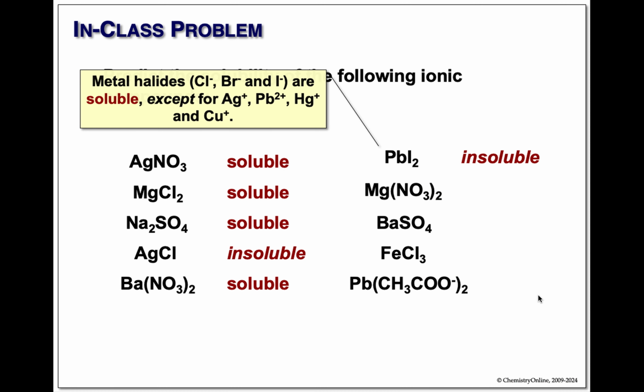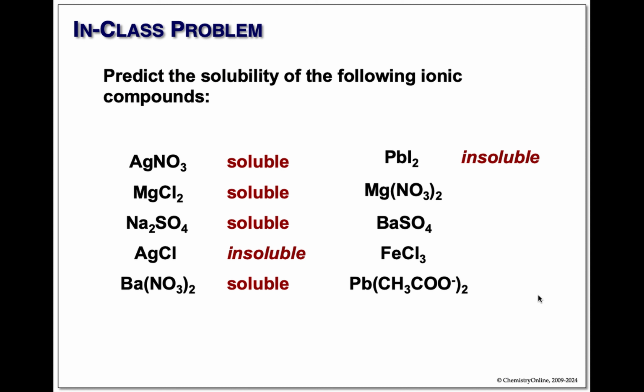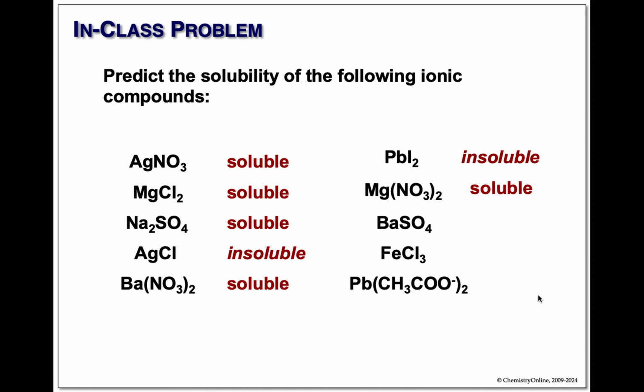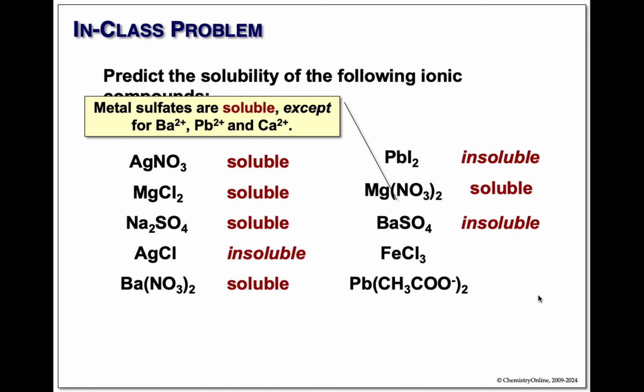Magnesium nitrate, again, it's a nitrate. Of course it's soluble. Most metal sulfates are soluble. The ones that aren't, well, barium is the big player here. Barium sulfate, insoluble.